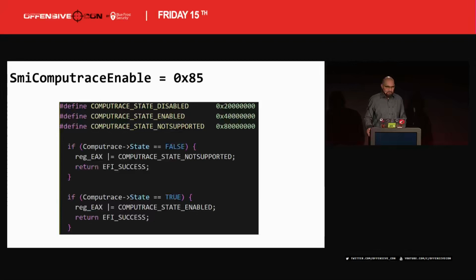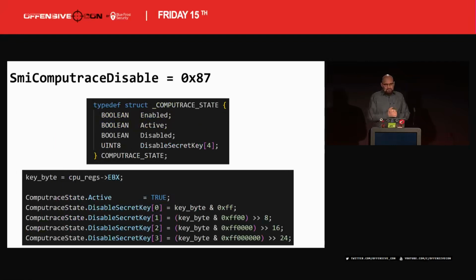So basically, it's values which are called to compute trace enable, and then you basically can switch the state between false and true. It's really two ifs and nothing else. It first checks whether compute trace state is supported, then changes the configuration.